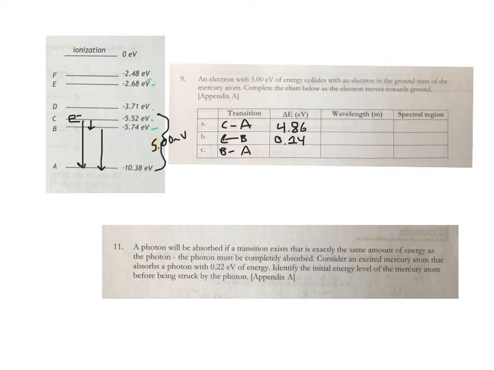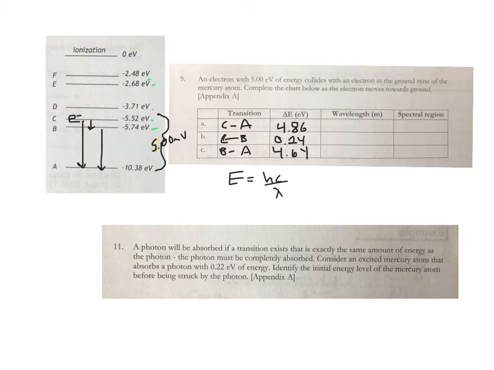And as it goes from B to A, 10.38, that's 4.64 electron volts. To calculate wavelength then, we have our energy is equal to hc over lambda.